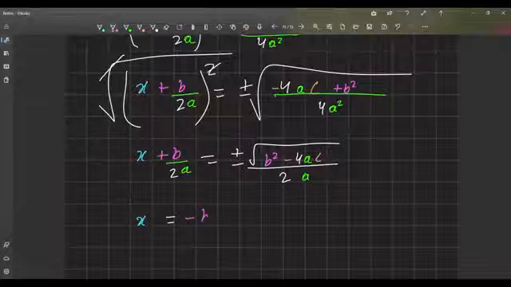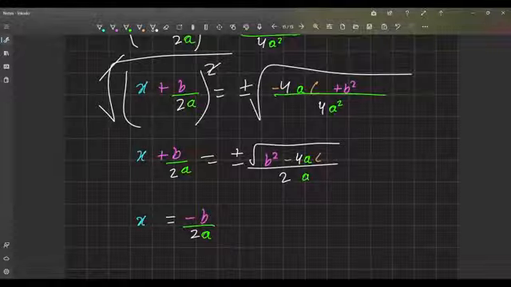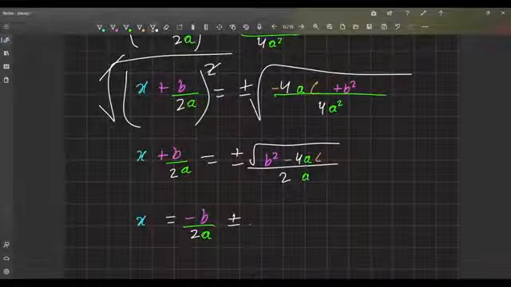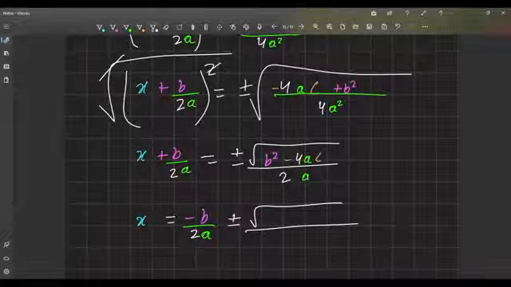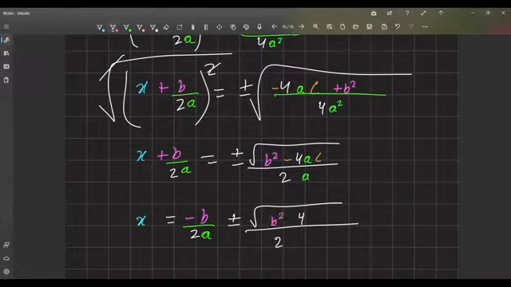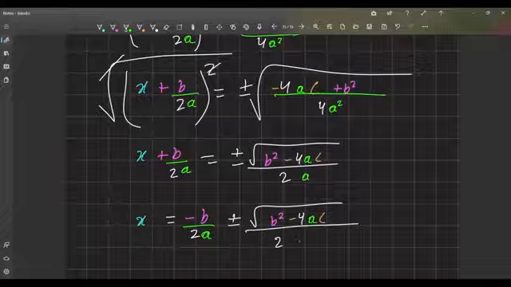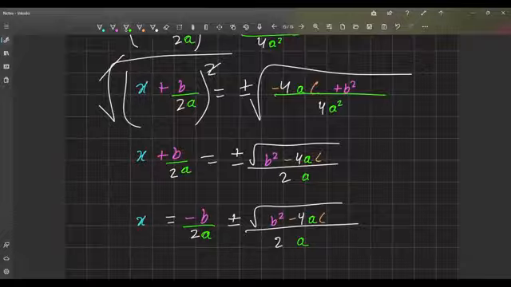So it would be negative b over 2a, negative b over 2a plus minus under root b square minus 4ac over 2a. Since the denominator is the same, I will just write it together in the next step.